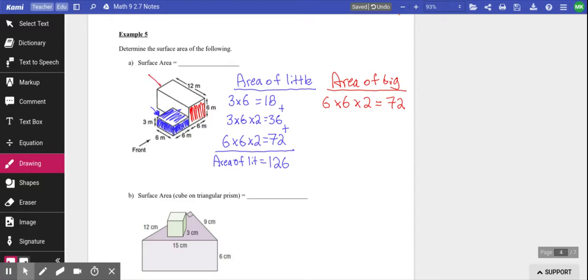I times by 2 because we have this side over here that we can't see. Then I'm going to do the top and the bottom. The top right here would be 12 times 6 times 2, because there's the bottom side we can't see. That would be 144.